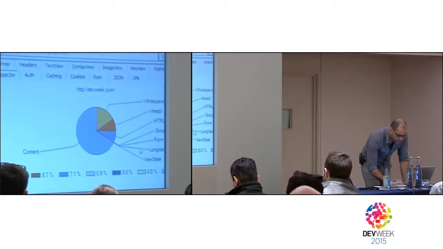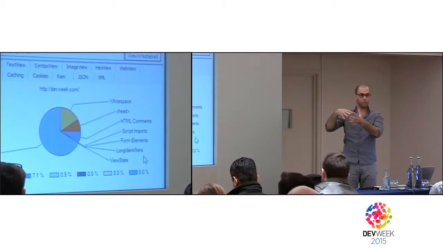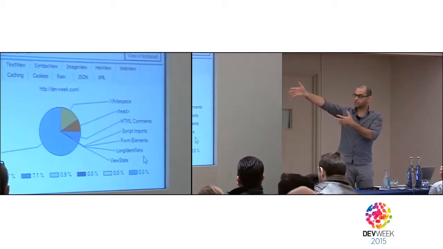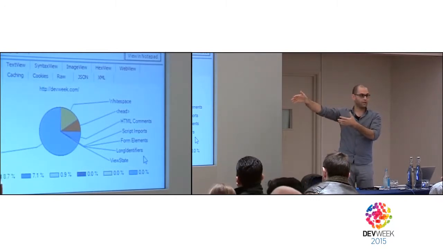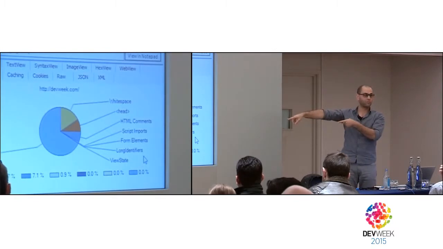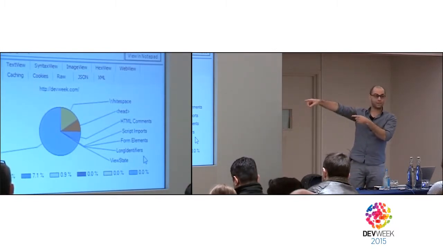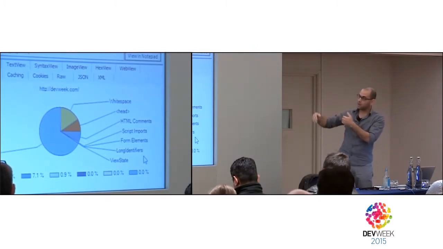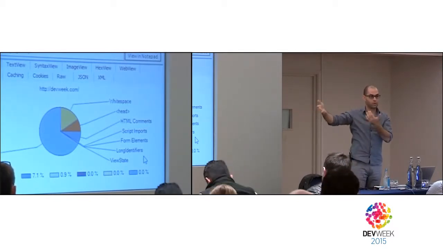And what this shows us is how much of the website is actually content versus how much of it is white space. And luckily for us, this wasn't written in web forms. Otherwise, the view state would probably be quite large. Okay. So for example, white spaces take about, how much is it? A fifth of the content. White spaces can also be minified in HTML. Okay, we can have tools that do that.